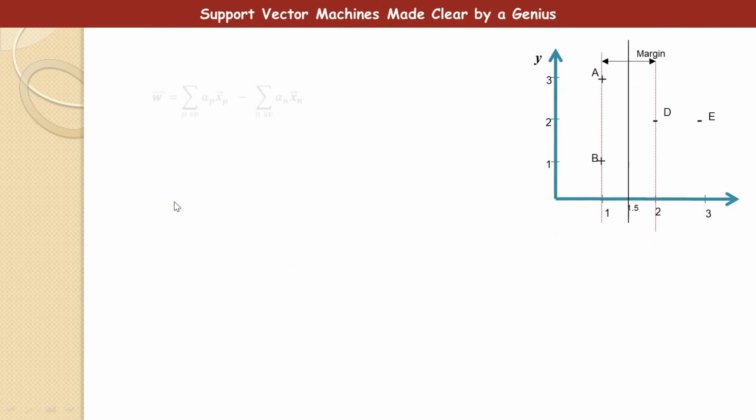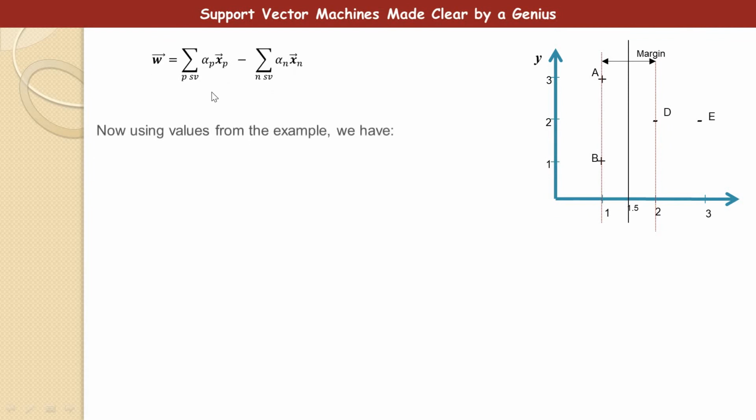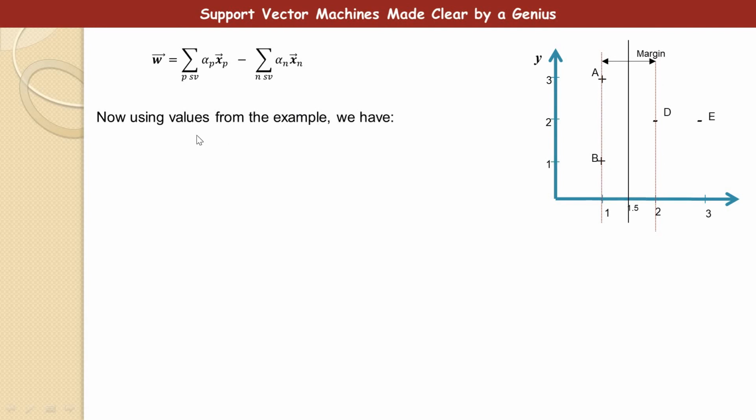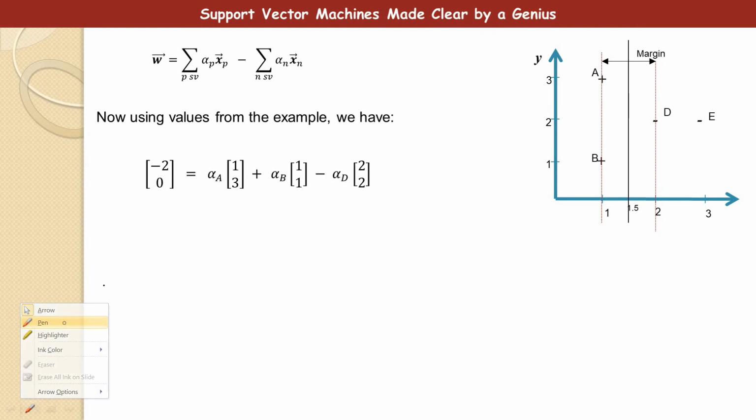Alright, so continuing from where we stopped, we have this equation we've written is given. Now using the example, we have this, right? So this is actually derived from this. So we have x. I'm going to make it a little clearer for you.